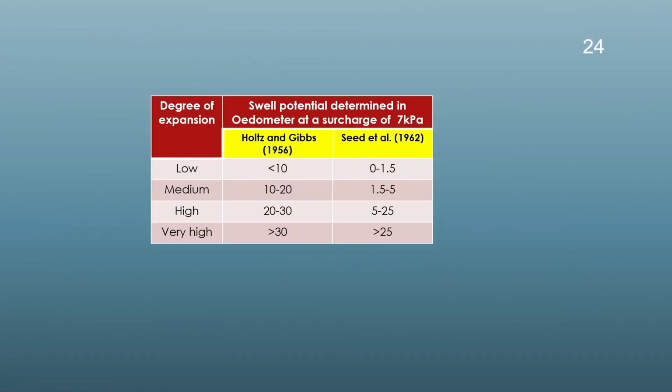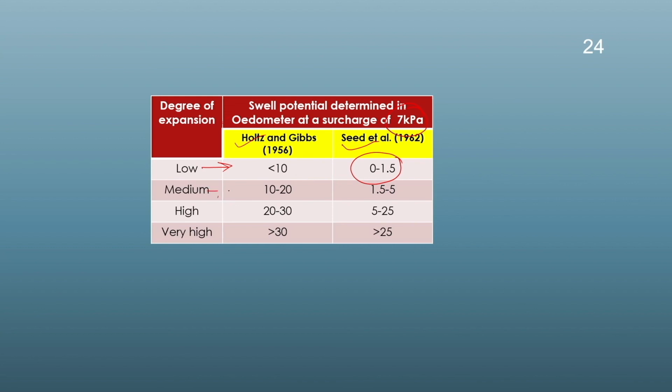Similarly, if we use the oedometer test result, say for example, Holtz and Gibbs and Seed et al. data, in which the swell potential was determined using an oedometer test at a surcharge of 7 kPa, we can see that as far as Holtz's method, if the swelling potential is less than 10%, the soil can be termed as low swelling soil. But for the Seed et al. method, it should be between 0 to 1.5.